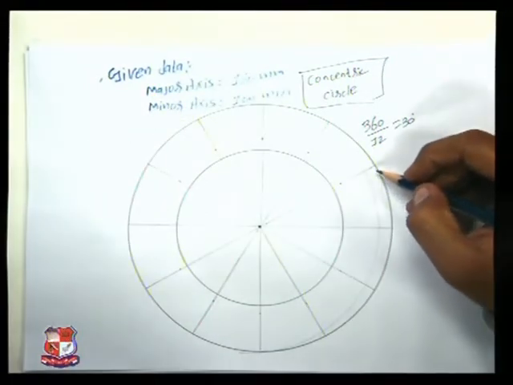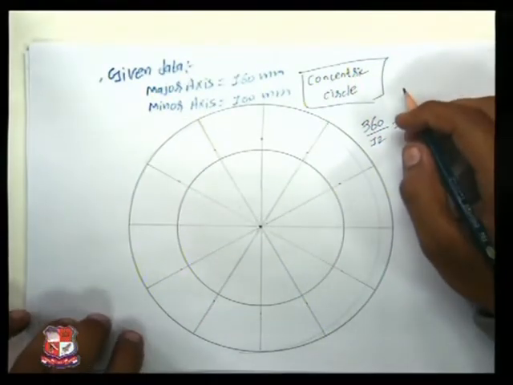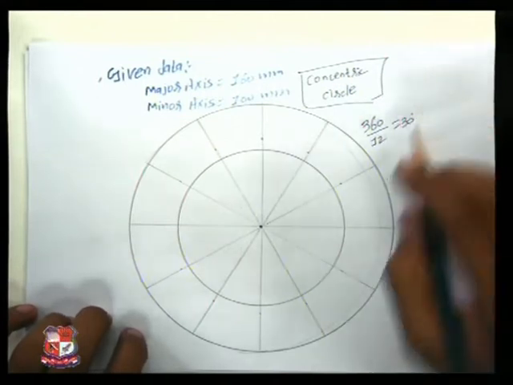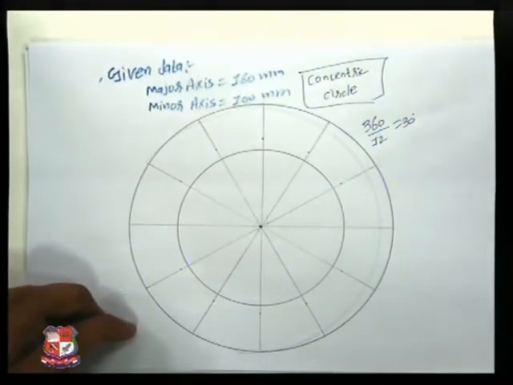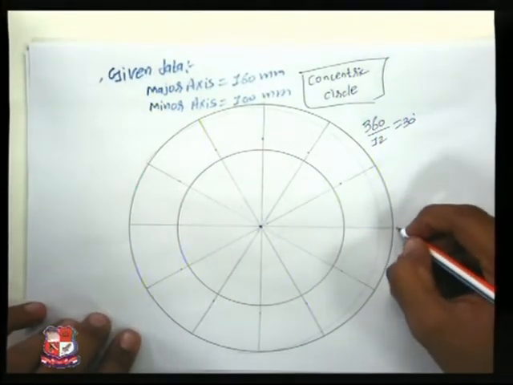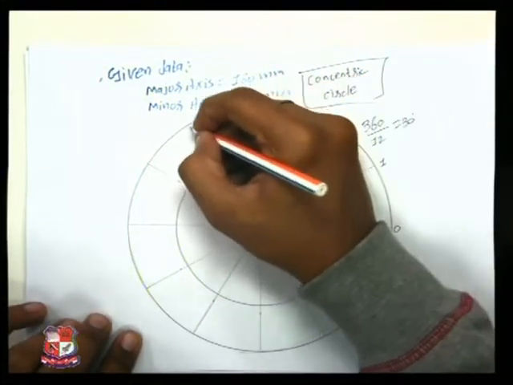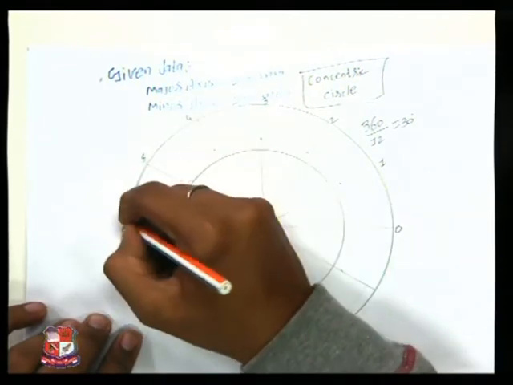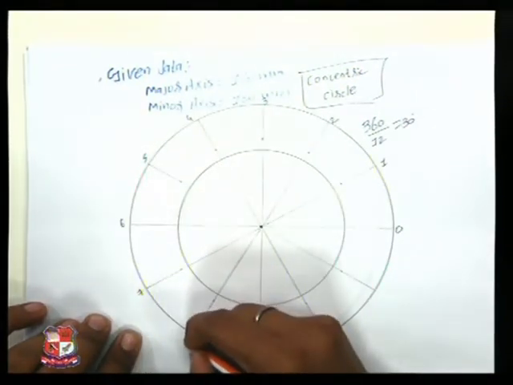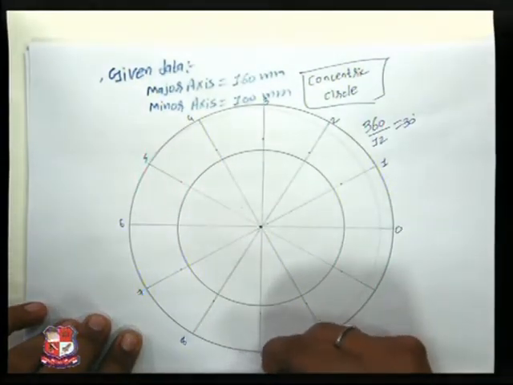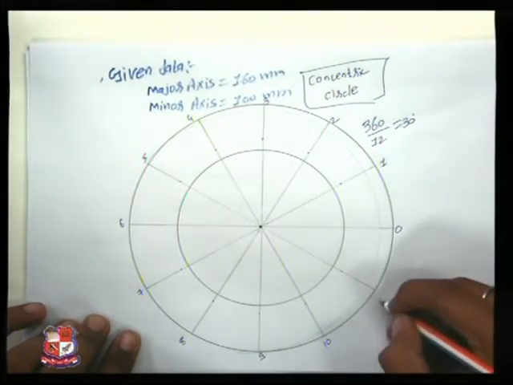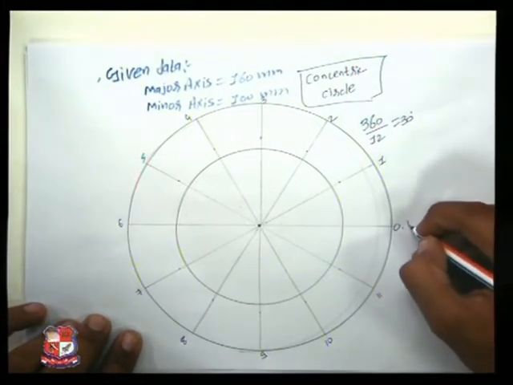Now, as we have divided this circle into 12 equal parts, let's give the nomenclature to the same: 0, 1, 2, 3, 4, 5, 6, 7, 8, 9, 10, 11 and again 12.